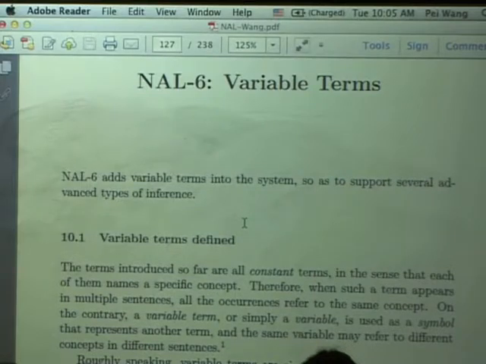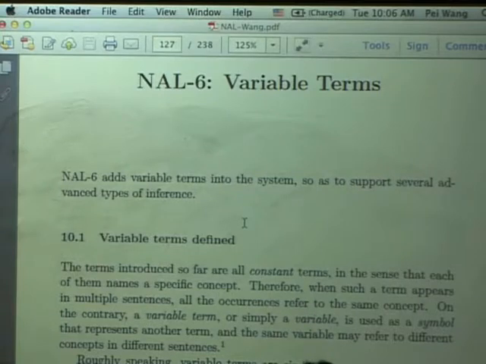A variable term is not the name of a concept in its original form. The other terms are constant in the sense that each of them is consistently tied up or connected with a fixed or determined concept.